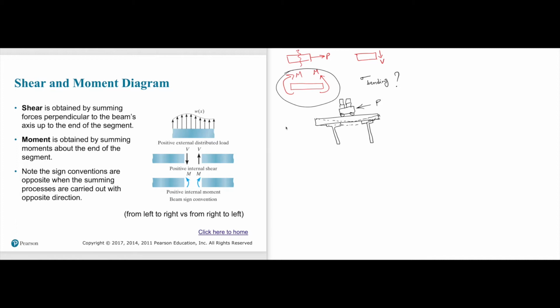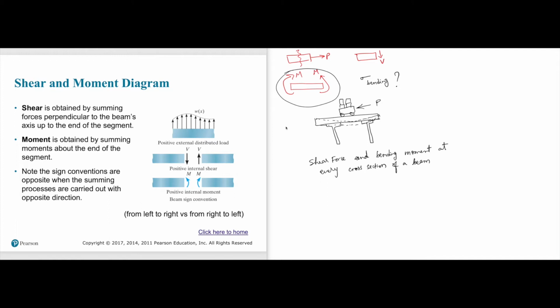That means we have to come up with the length, the width, the material properties, the thickness, the cross section, its shape, etc. To do all of this, we need to know something called the shear force and bending moment at every cross section of a beam.